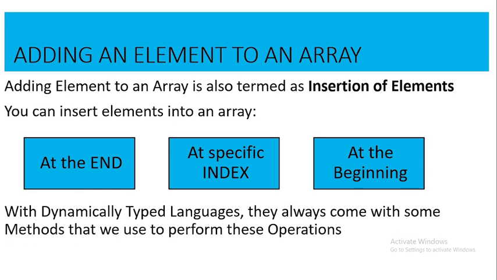Here we should distinguish between statically typed languages and dynamically typed languages. Dynamically typed languages come with some methods and functions that we use to perform these operations, to add an element at the end, at a specific index, or at the beginning.